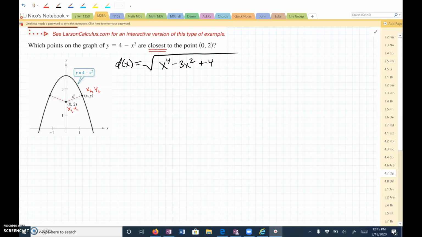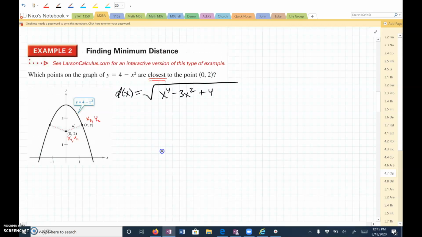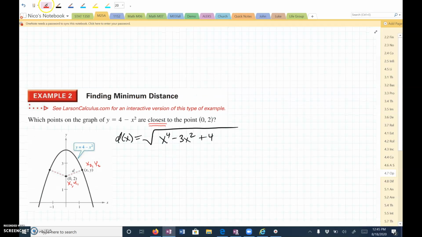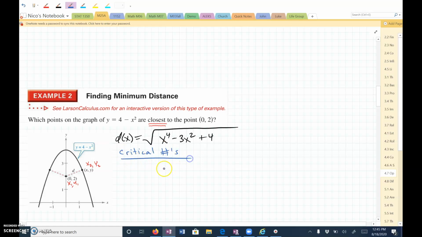So to find the relative min, it's going to happen at critical numbers. To find the critical numbers, we need to do the first derivative.